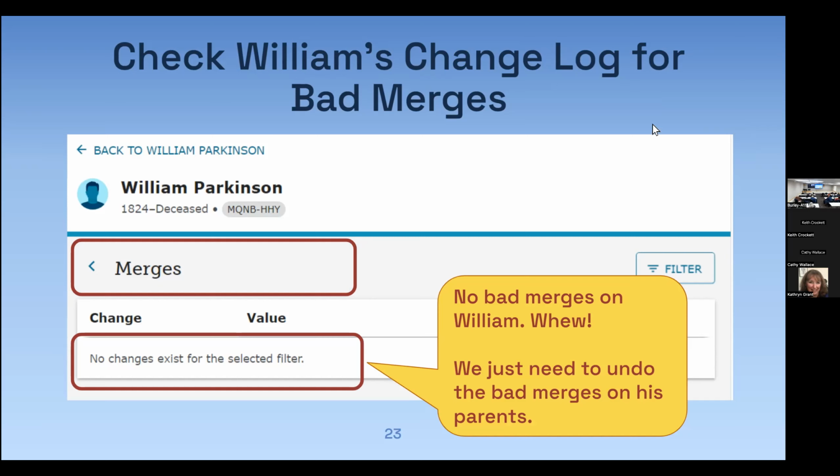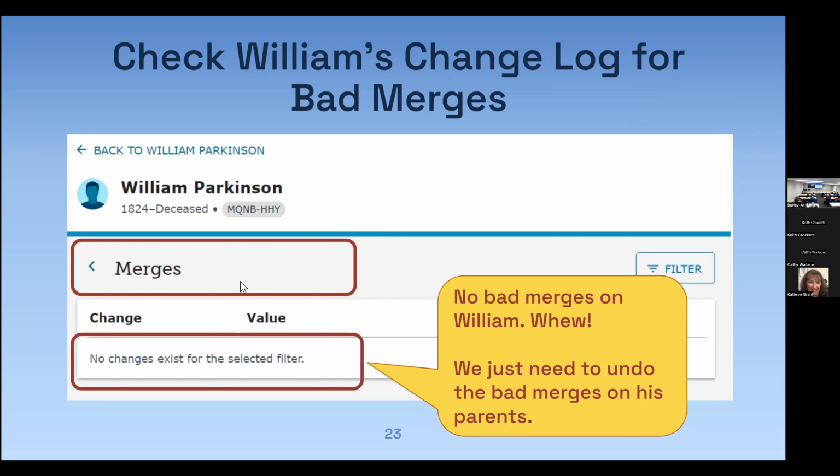You might be saying, how did you get to this screen in the changelog? I'm not really sure what I'm looking at. So the way I got to this is I brought up William's changelog and then I clicked filter. And one of the options under filter is merges. In other words, we're saying, please filter the changelog only to show me merges.